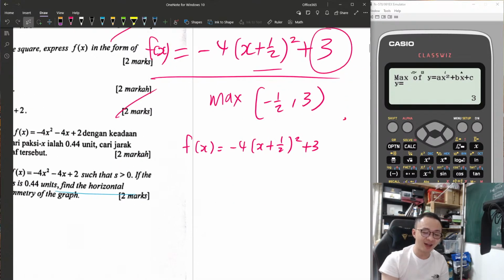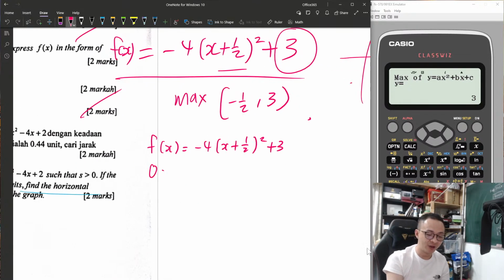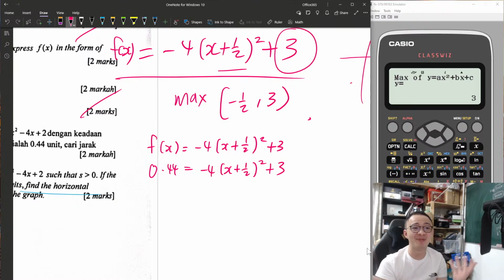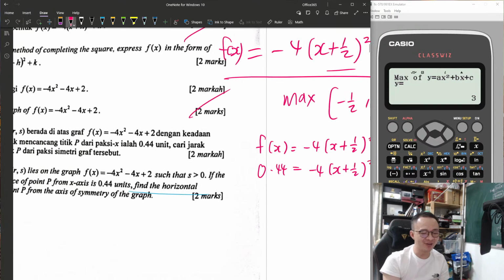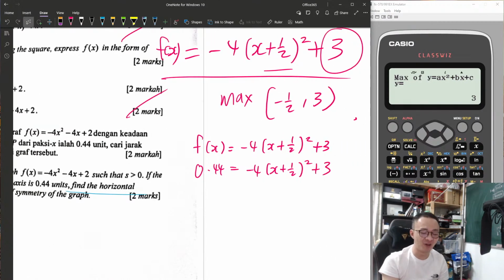So since right now the y value is 0.44, I will just sub 0.44 into the f(x) to find my x value. I'm not sure you need to show this one or you can just type the calculator to get the final answer, but it's just 2 marks. I don't think you need to type the calculator. I mean, solve it manually. Maybe you can just use the calculator solve function. But if you want to do it manually, it's not too hard, I guess.